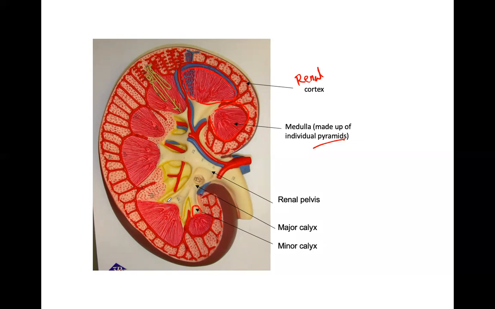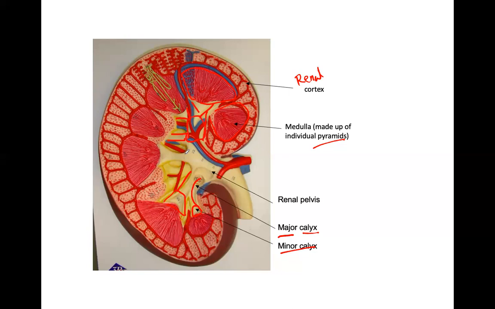So the smallest macroscopic structure, visible to us, is at the end of each of the pyramids, which are right here, called the minor calyx. Now, if you take the minor calyces and join them together, in this scenario two minor calyces merging, you form a larger structure called the major calyx. So here we have minor calyx, minor calyx, minor calyx, and merge these together.